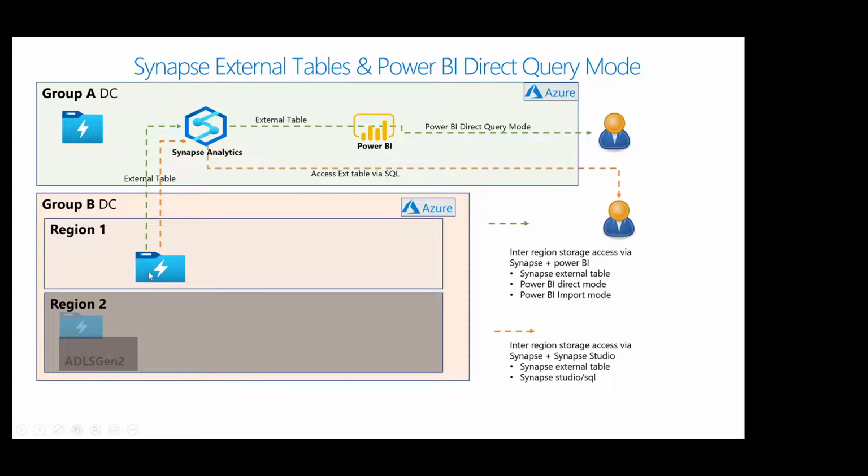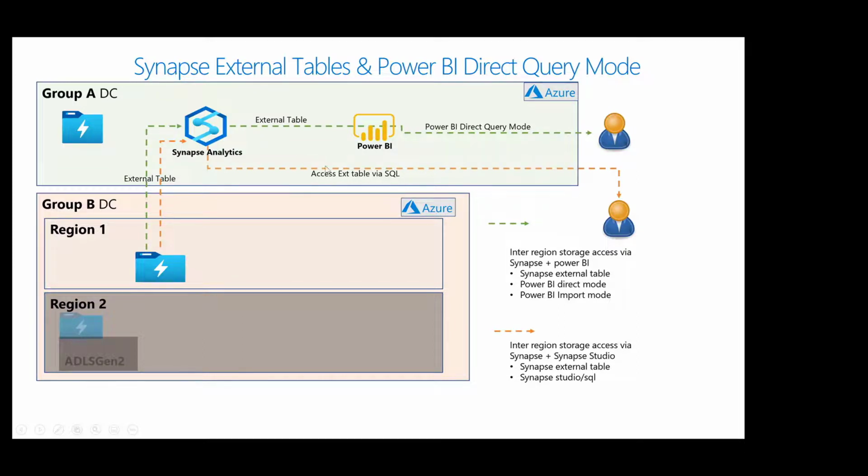And once the data is brought over using external table, you can either let the user directly access the external table if they are savvy in using Synapse Studio SQL, or you can create a Power BI direct query report on top, and they might want to use that via Power BI direct query mode.